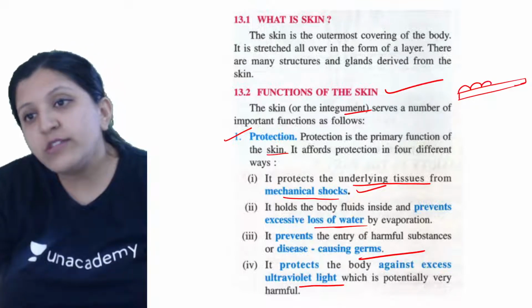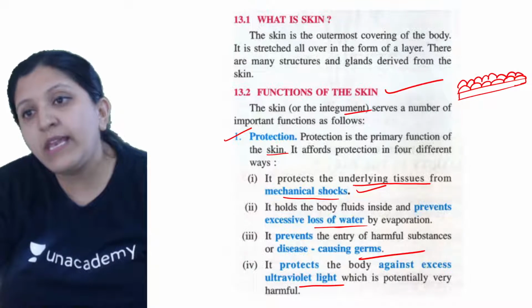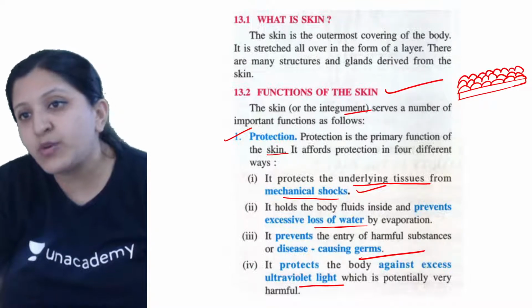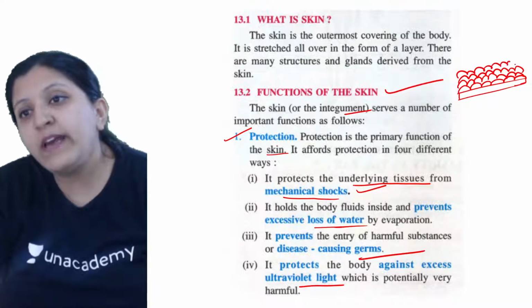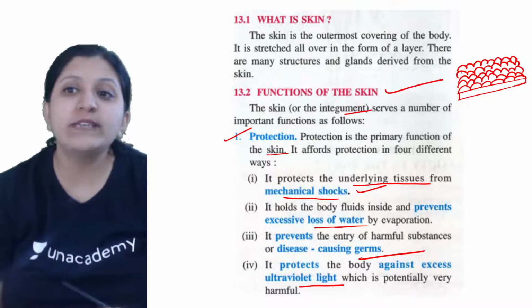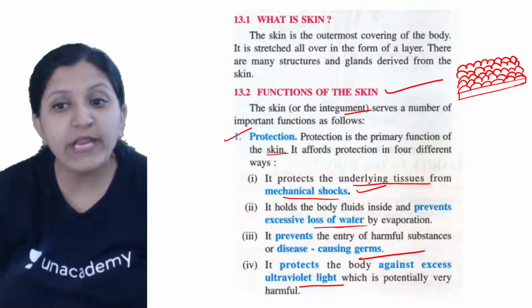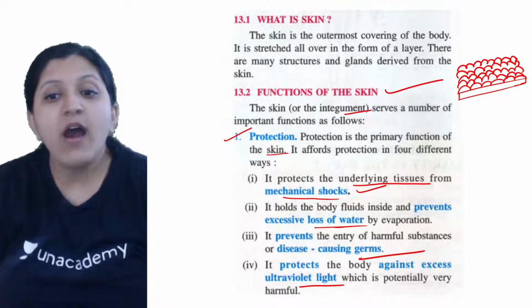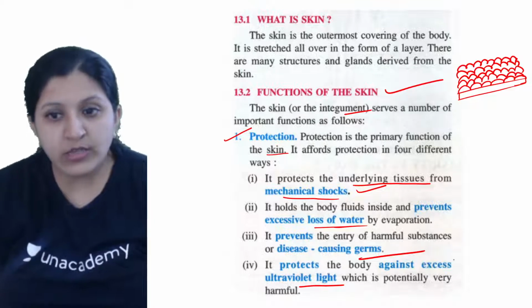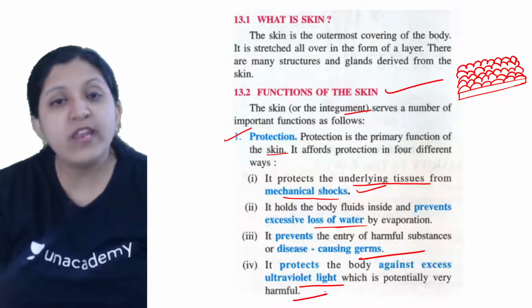Like this, there are many layers of cells, and these many layers of cells provide protection against the ultraviolet light coming from the sun, which is potentially very harmful.